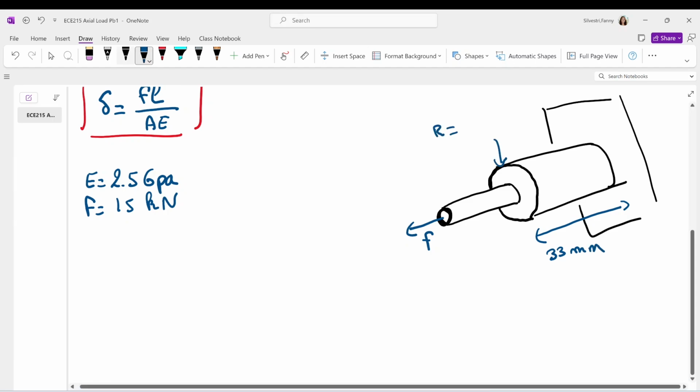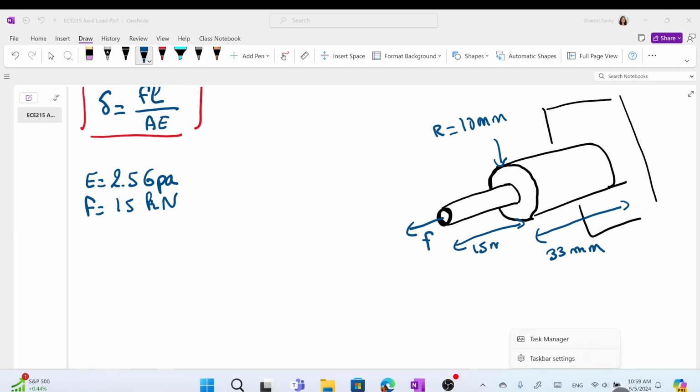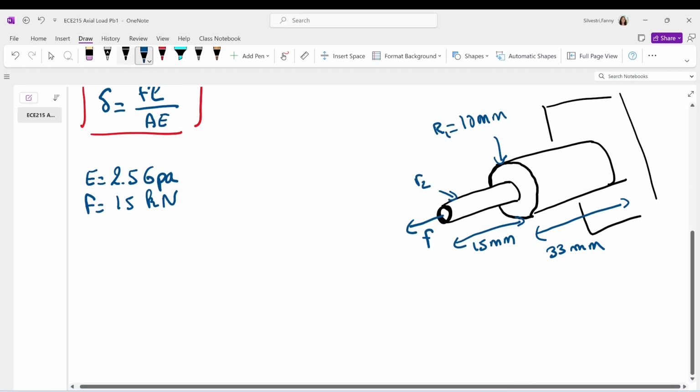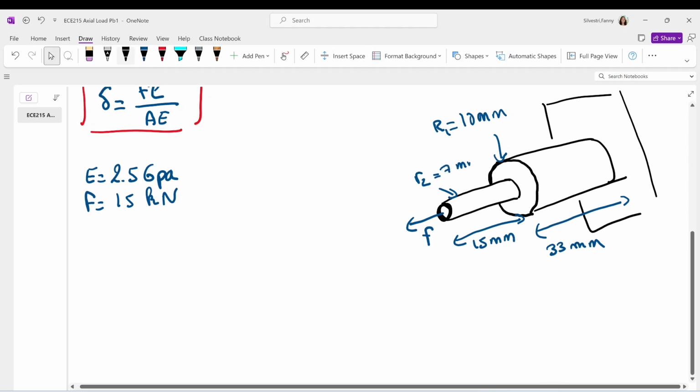What is given is the radius, not the diameter, so radius 10 millimeters. This length is, let's say, 15 millimeters. And the second radius, R2, will be 7 millimeters. And the question is, what is delta?